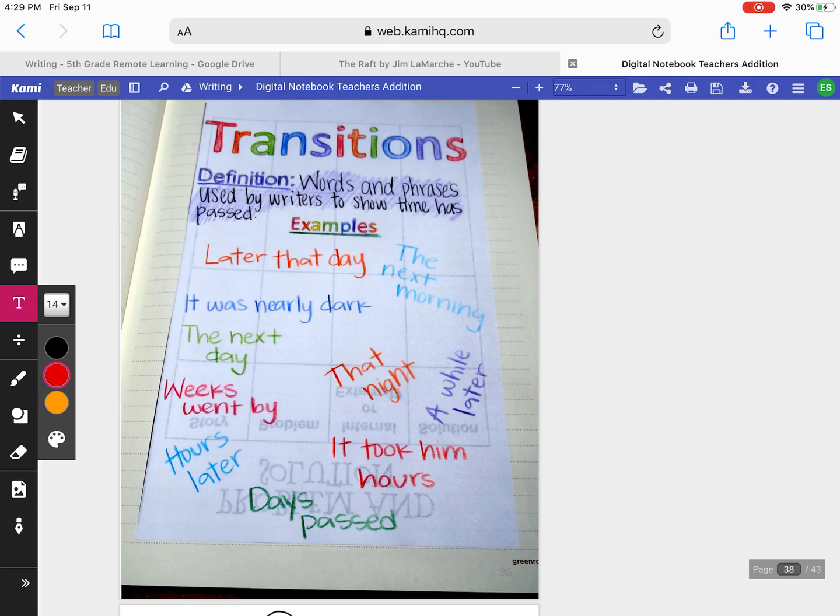So a lot of you like to say, and then, and then, and then, or next, or after. Using these examples in here is a nice way for your reader to really understand how much time is passing within your story. There are other examples, like suddenly, or after the fact, or days passed, hours passed, minutes passed.